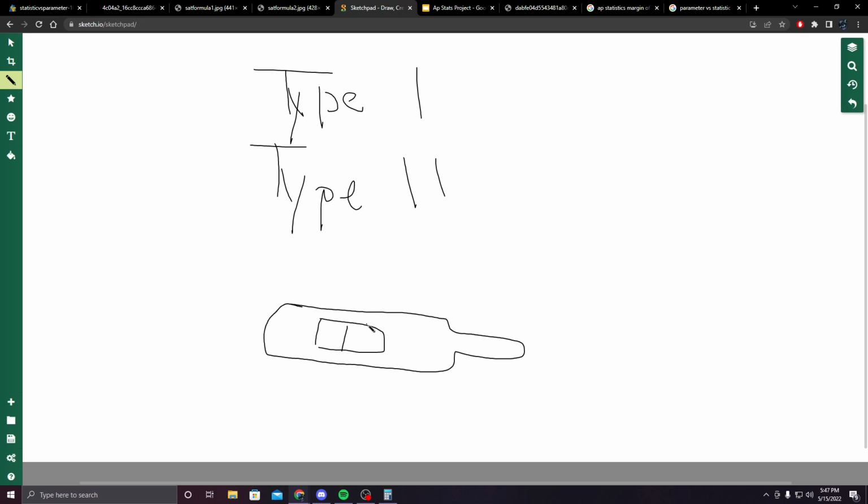And then type 2 error is failing to reject when you should have rejected. So this is a false negative, whereas type 1 is a false positive.